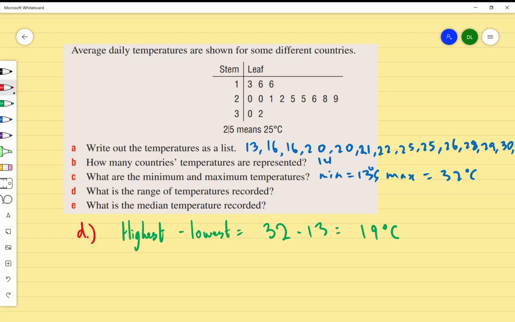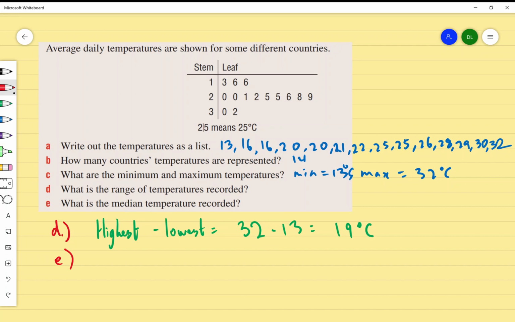And then finally for question E, it says what is the median temperature? Now remember median, we have to find what number's in the middle, starting from smallest to the biggest. You can use the temperatures we've written out as a list, but I'm going to use the stem and leaf plot. So I'm going to have 13, 16, 16. I'm going to just keep in mind how many numbers I'm going to highlight, because remember, there were a total of 14, weren't there?